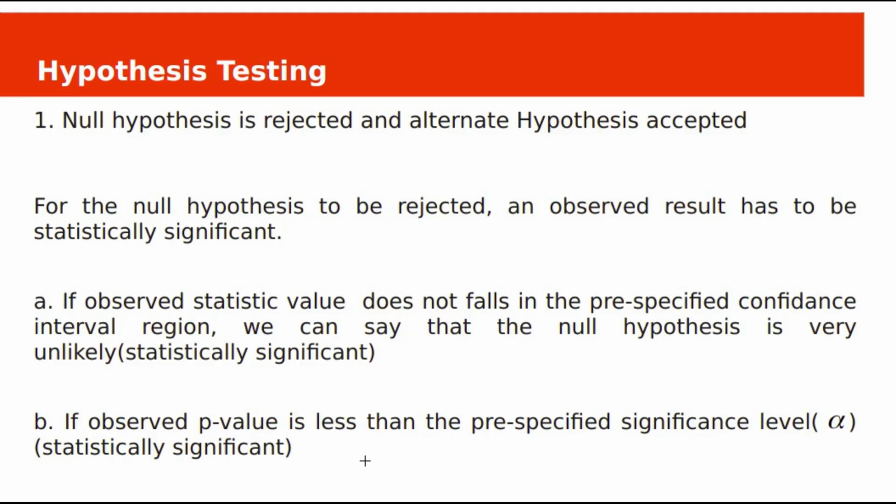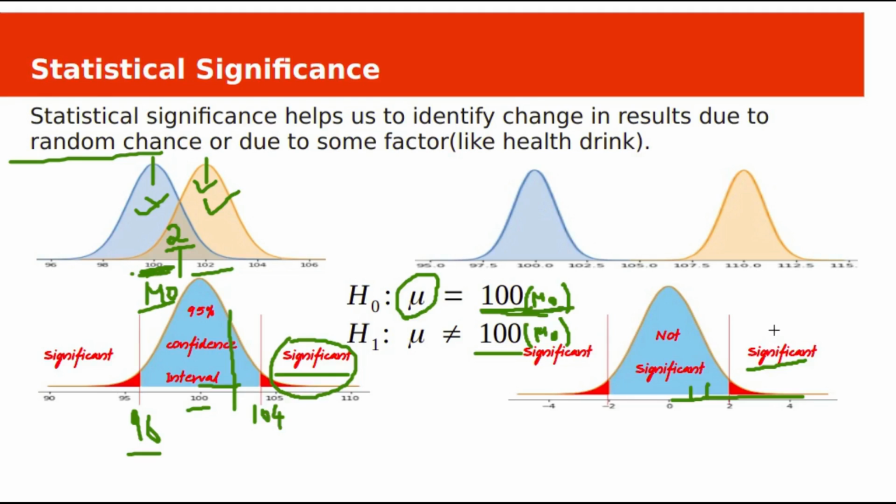One way is based on confidence interval critical regions. If the observed value does not fall in the pre-specified confidence interval region, we can say that the null hypothesis is very unlikely. Here, if results fall outside this confidence interval, these two are the critical values, 2 standard deviations away.